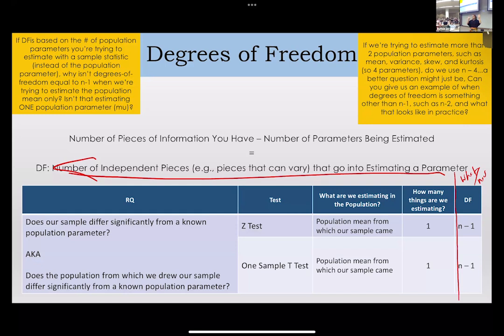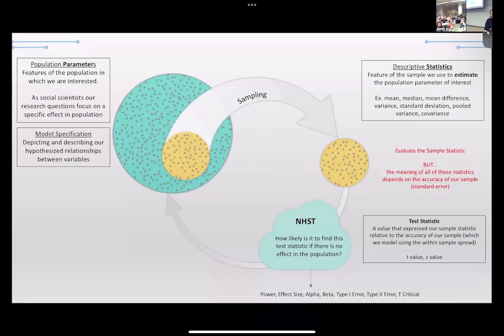We have to estimate the population mean that this sample came from. That is the only population parameter that we are estimating. So we are estimating one thing. We have however many data points we have, which in this case is just our sample size. So in this case, it's N-1. But it's helpful to know the why, because you've got to be able to wrap your head around the idea that, of course, I'm estimating one thing in this test. But the how is N-1. So now we've got our test statistic.